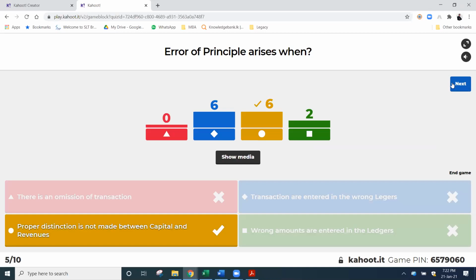So that's the difference between capital and revenue. Error of principle is one of the main, that's the key question in many exams we see. So I see still you need to go through the theory parts.